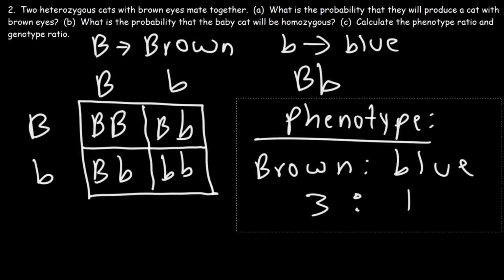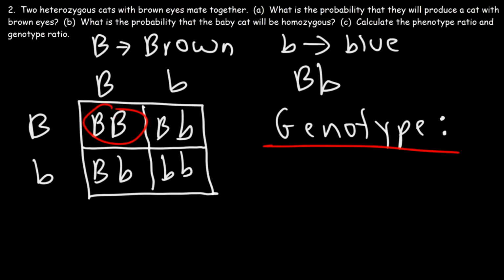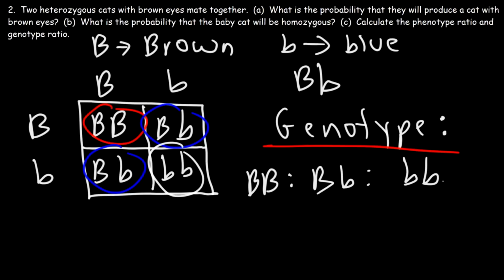Now let's calculate the genotypic ratio. So first, let's list the different genotypes that we see. So this is 1, big B and big B. These 2 are the same, capital B and lowercase b. And this one is the last one remaining.